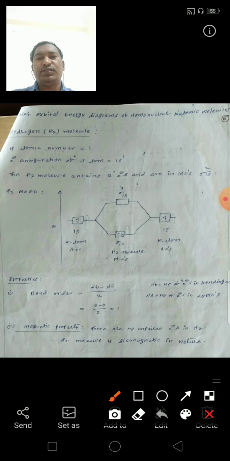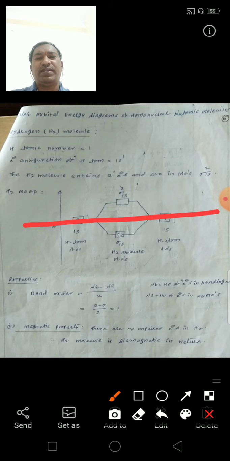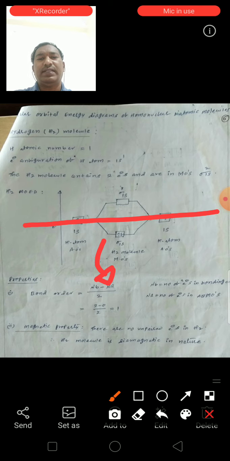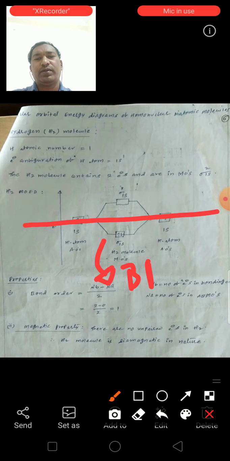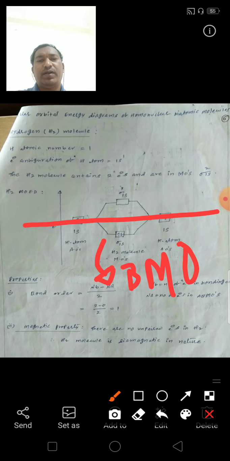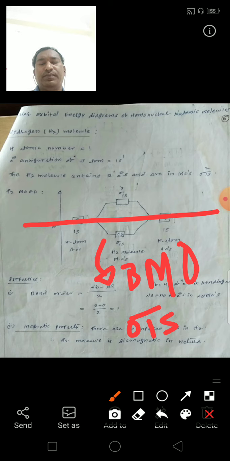This is the energy diagram. This sigma 1s orbital has lower energy than the atomic orbital, so this orbital is known as a bonding molecular orbital, denoted by sigma 1s.